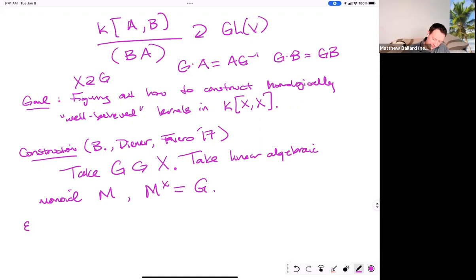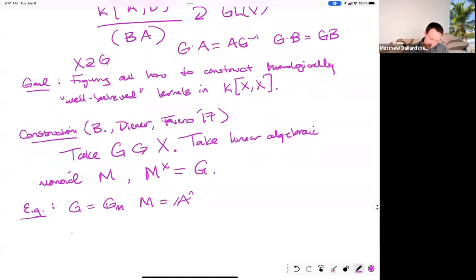If you want to think about examples, the two that will most come into play here today, certainly not the only two, are G is G_m and M is A^1 with multiplication, and some higher dimensional version of this when G is GL_n and M is just all n by n matrices. Those are two examples you should keep in mind when we think about what we're doing today.